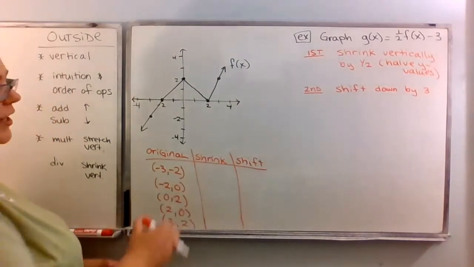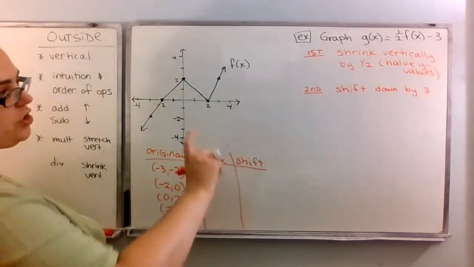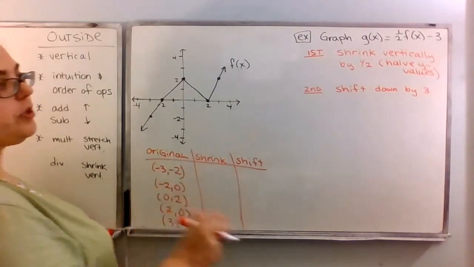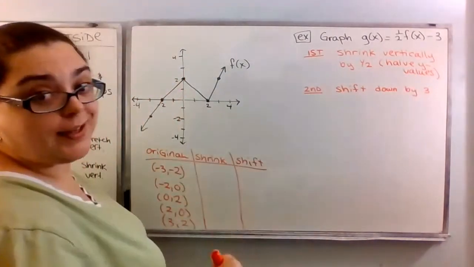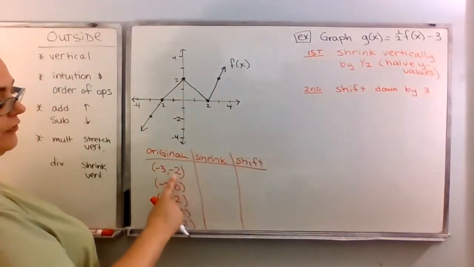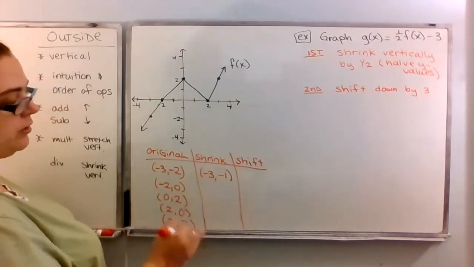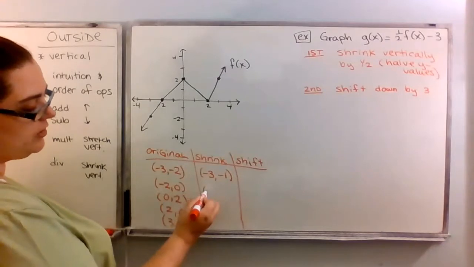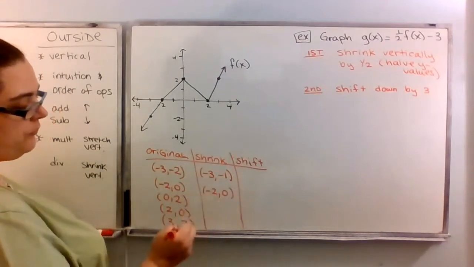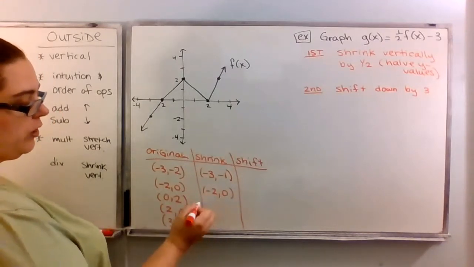If I think about what's going to happen to this, first we're going to shrink it vertically. That means we're going to cut all of the y values in half. So half of -2 is going to be -1. Half of 0 stays the same, that's going to be 0. Half of 2 is 1.